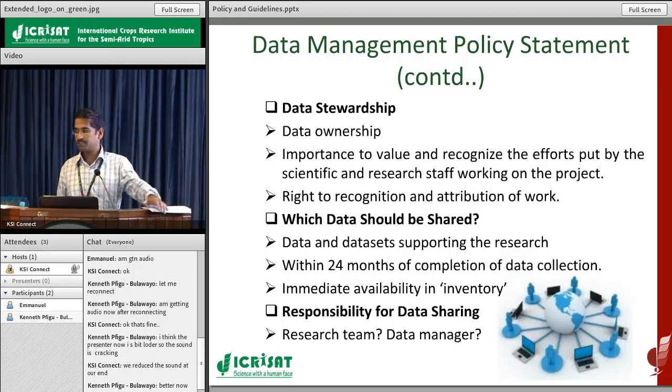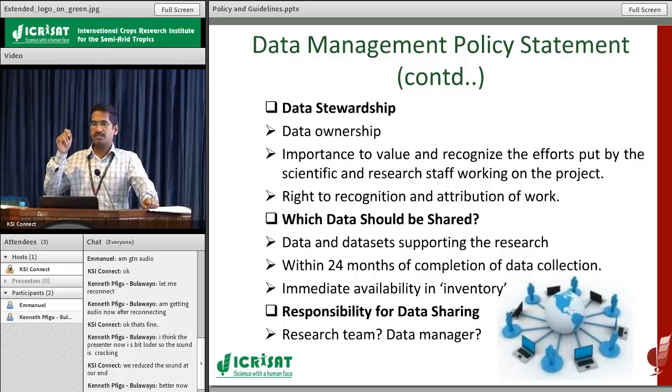The data owner is the institute. ICRISAT is the institute, the owner of all the data coming out of the research projects. And data stewardship: assume that there is a project under which multiple scientists are generating or collecting data. Then who is the steward? There should be a single contact point for any activity, whether it is data management or something else.